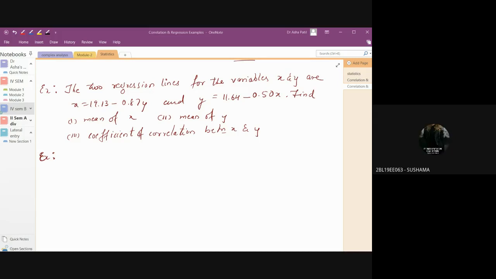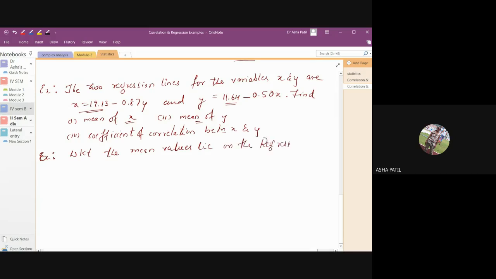X bar and y bar lie on the regression lines. Good. So we should know that whenever the regression lines are given to us, the mean of x and the mean of y will always lie on the regression lines. Remember that point. Therefore they satisfy the regression line equations, because they lie on the lines. Not necessary to write it, just for your information.